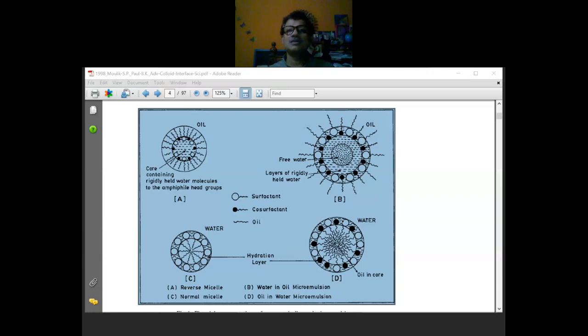Now, if there is a gap, if oil and water come in contact with each other, you are no longer able to keep them in a stable form. So there will be a disruption in the structure of the microemulsion.